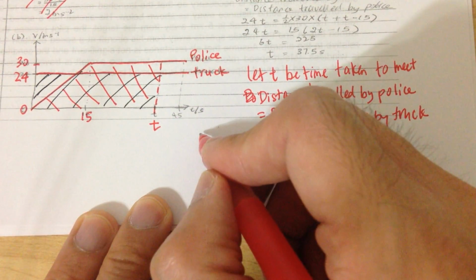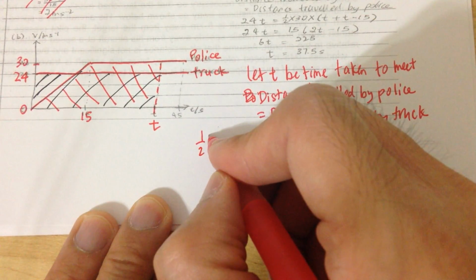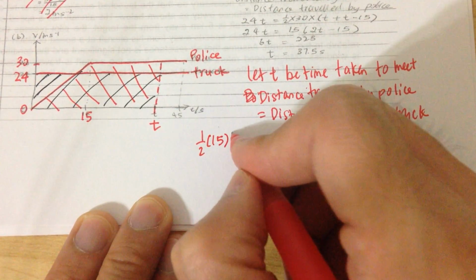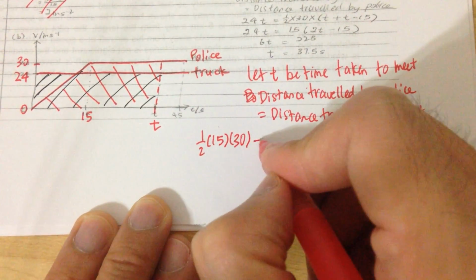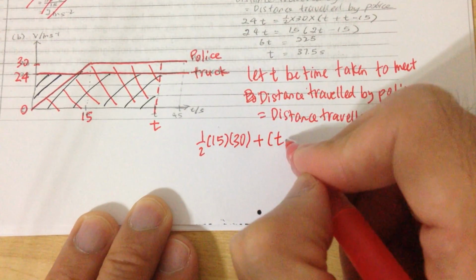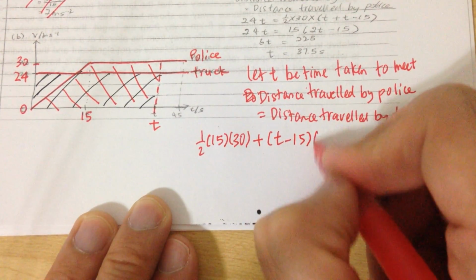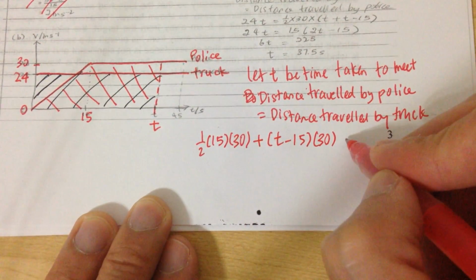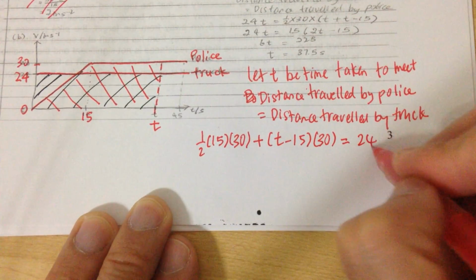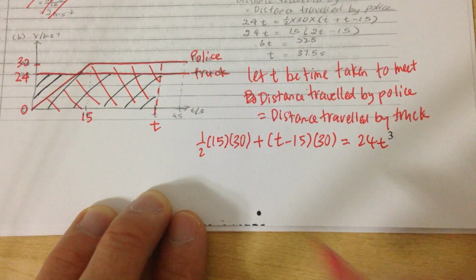So the area covered by the police will be half times 15 times 30, plus (t minus 15) times 30, while the distance traveled by the truck is simply 24t.